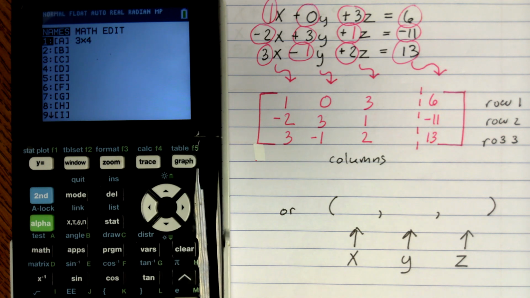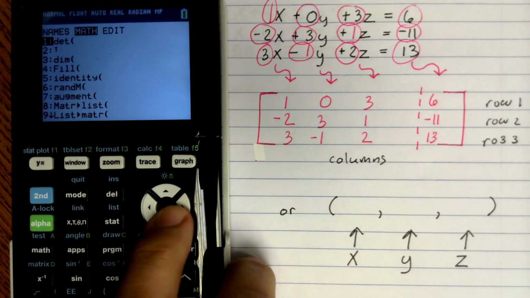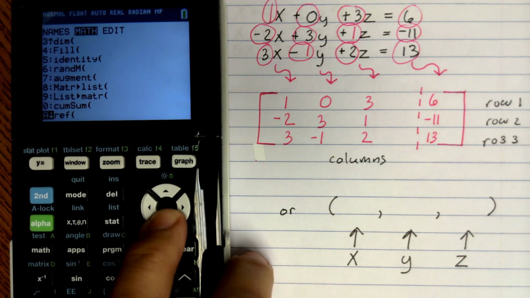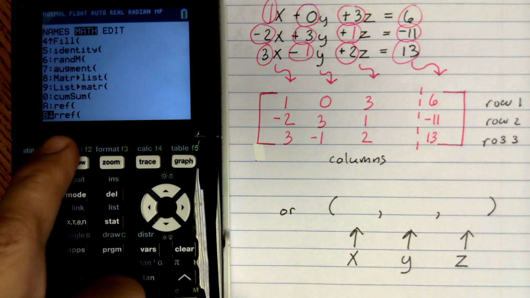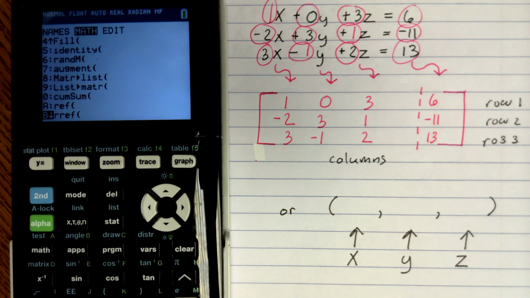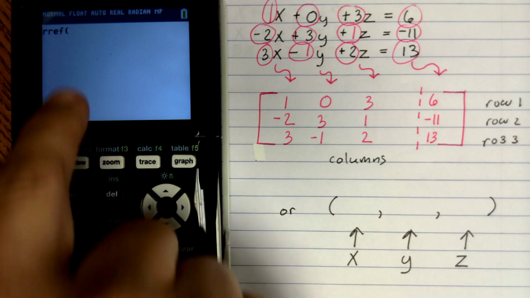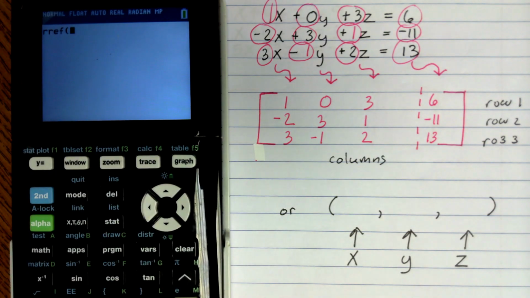So what I want to do at this point is go to math. So I click to the right, and then I'm going to go down to RREF. It's going to be down at the very bottom, and notice we have this RREF. I'm going to hit enter, and it brings it up. But now we need to put our matrix inside of it.